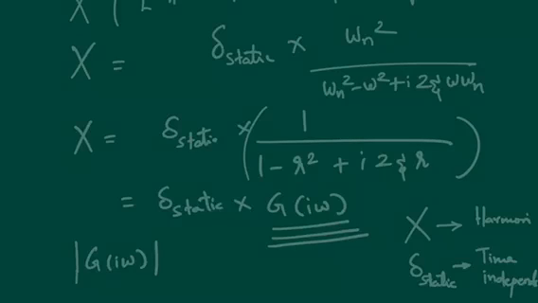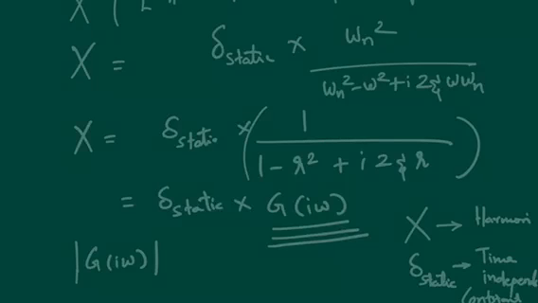When we applied a constant force, this was the magnitude by which the system got deflected. So the magnitude of g of i omega will tell me by what amount my response is getting amplified. In that regard, the magnitude of this quantity is also known as the magnification factor.